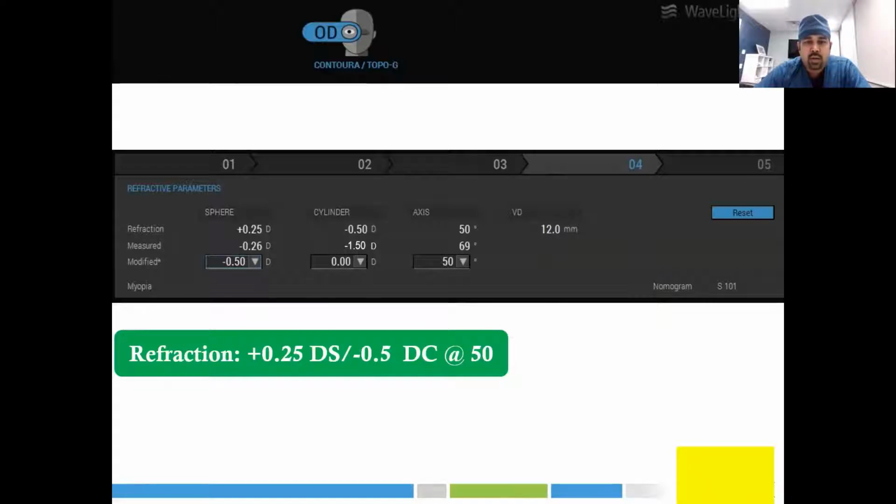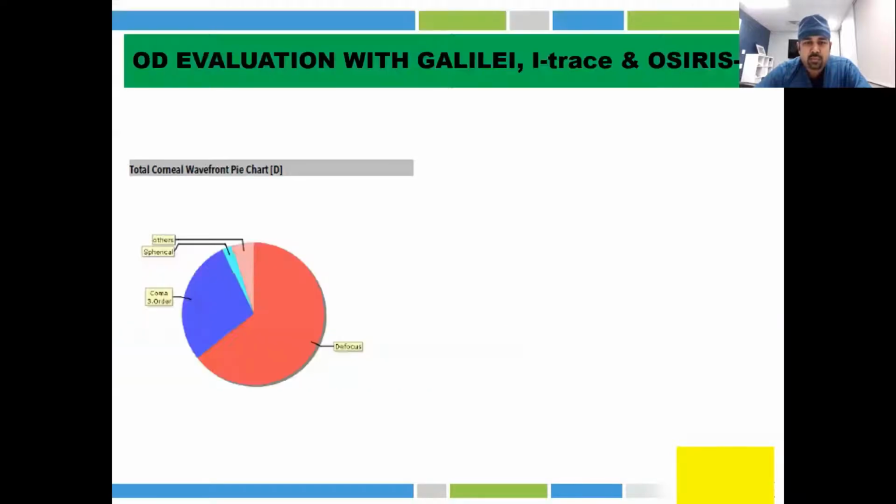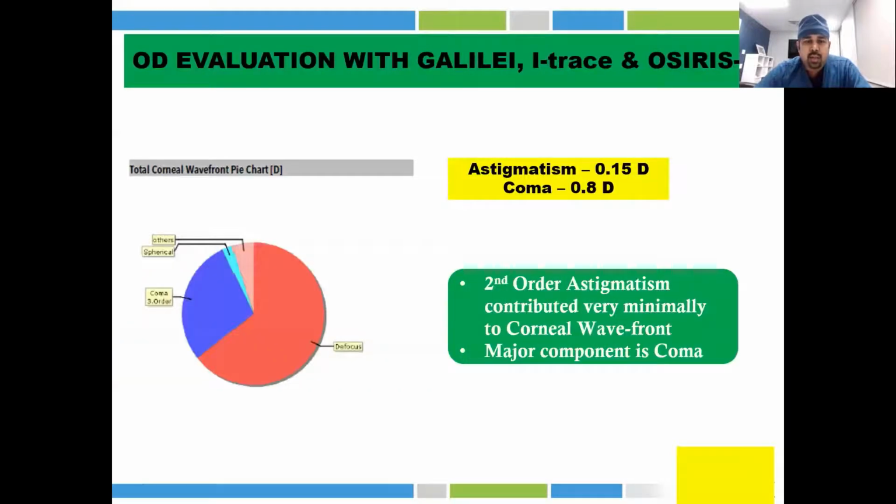If we apply the same understanding of how these things could differ, his corneal wavefront aberration profile showed that his astigmatism was only 0.15 and his coma was 0.8 diopters. Out of the 1.5 which was actually being measured on the topographer, his actual astigmatism was only 0.15 and his coma was 0.8.